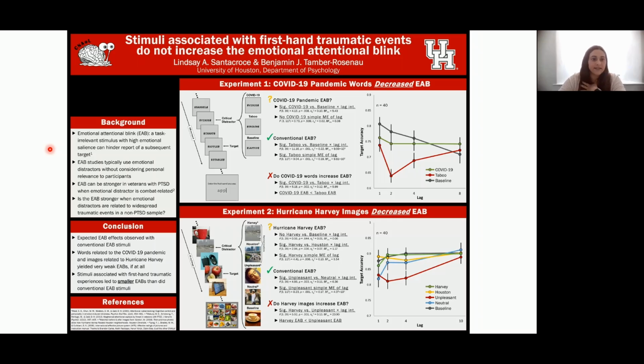So I wanted to see if this also happened in healthy participants without PTSD who did experience a widespread tragic event. So experiment 1, here's me gesturing. Experiment 1, I used words related to the COVID-19 pandemic.